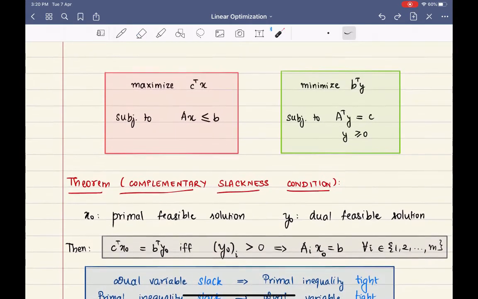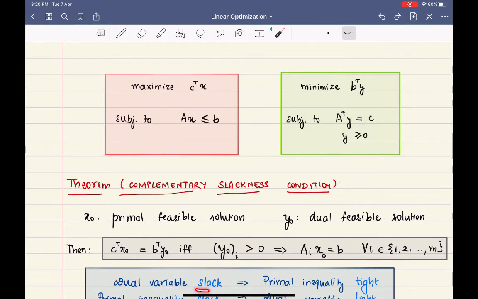So that is what this says. When the dual variable is positive, the primal inequality is tight. Now the same thing also means that not of this implies not of this, right? So whenever the primal constraint is slack, the corresponding dual variable should be tight.